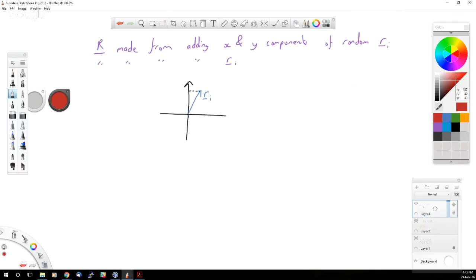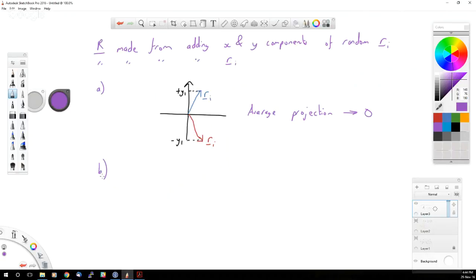And for each one like this, there is another one, ri, which has a projection here. So let's say this is plus y1, this would be minus y1. And so the average of those 2 projections would be 0. And it's the same no matter where we draw on here. So we know that the average projection must be 0. That's A.